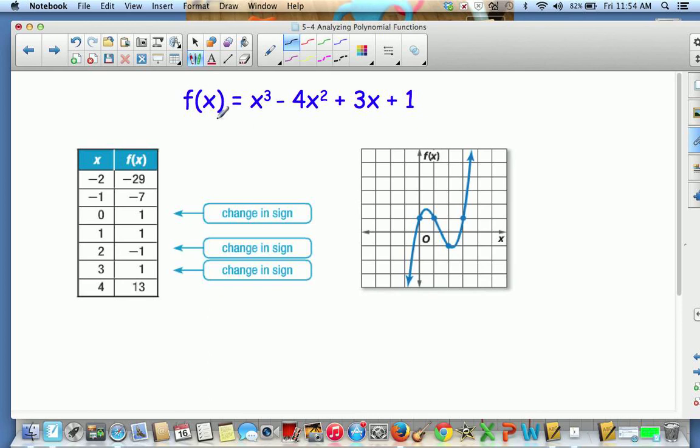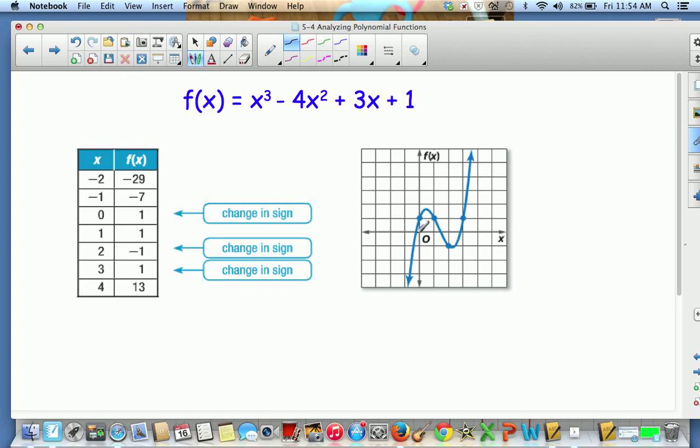So for example, when we graph this, you can go ahead and pause the video and do this on your graphing calculator if you would like. We're trying to find zeros, the whole numbers that our 0 is in between. If we look at our table, we notice the change in the sign. It goes from -7 to +1.